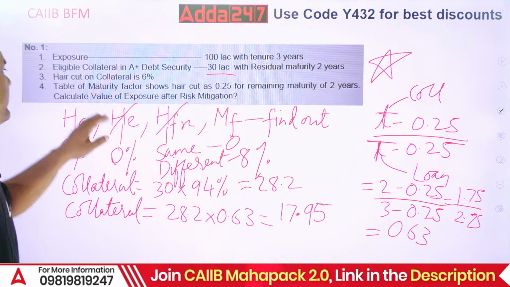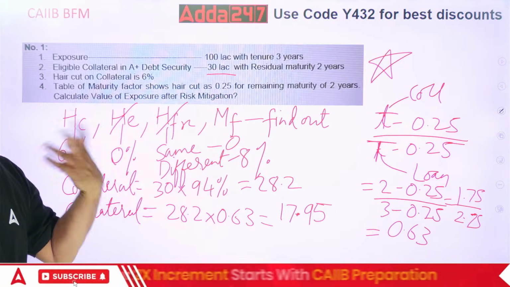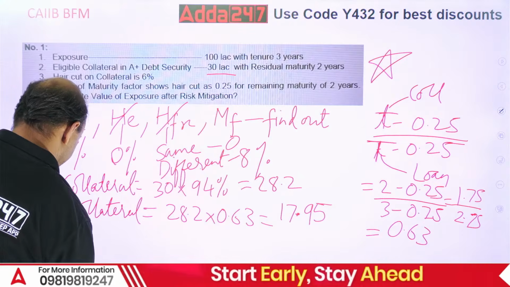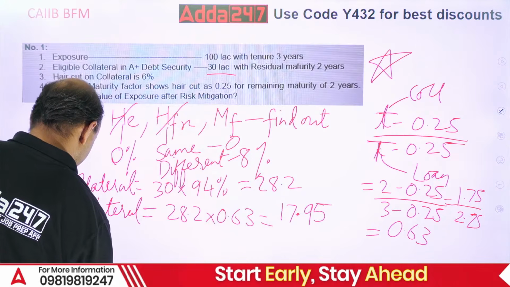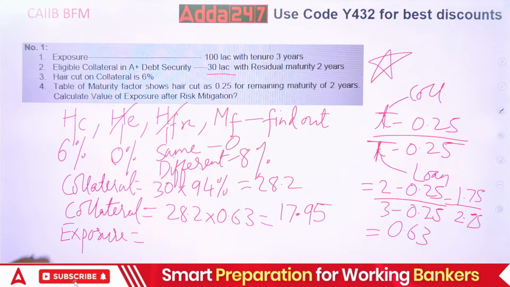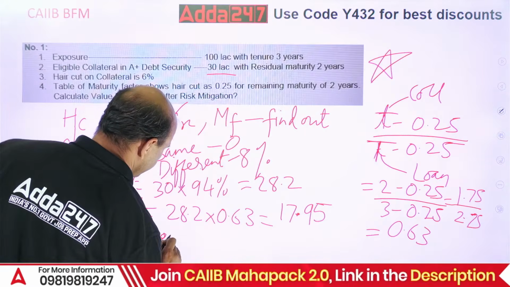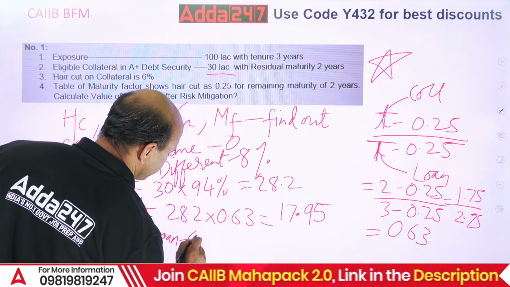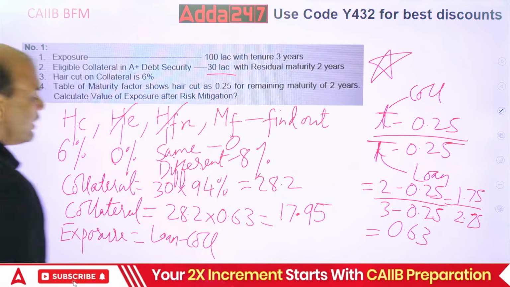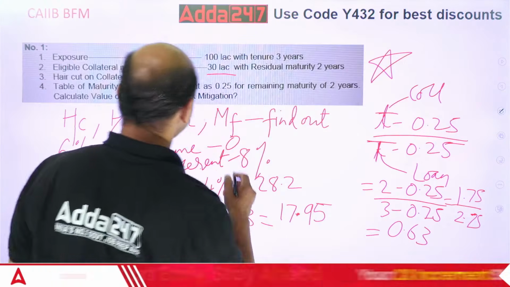So what is the value of the exposure now? Exposure equals your loan amount minus collateral. So what is the loan amount? 100 lakh.